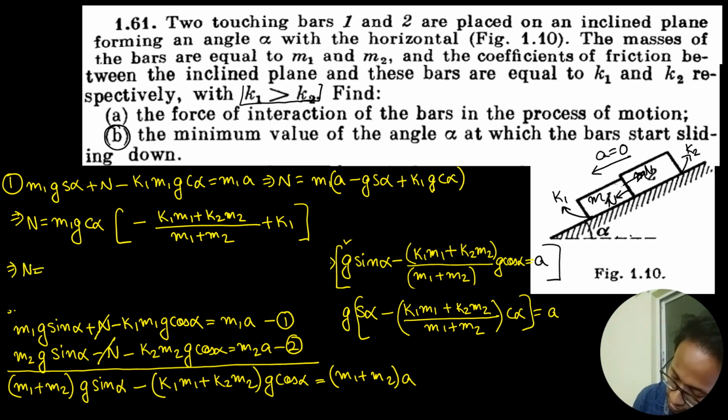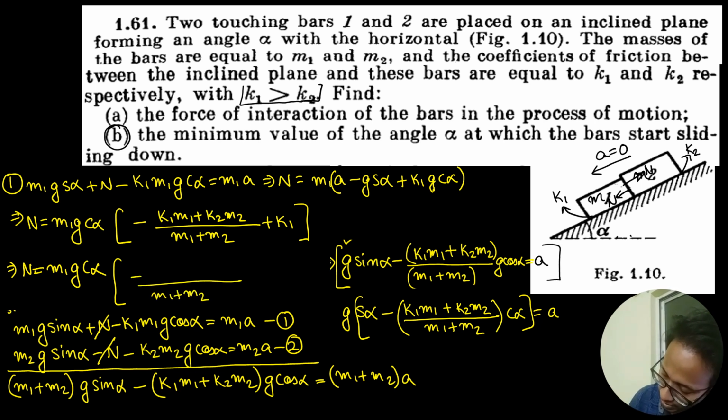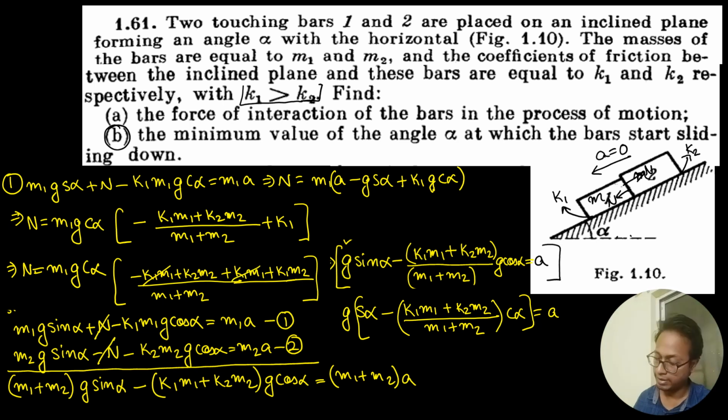N is equal to m1g cos alpha into, let me take the LCM: (m1 plus m2) minus (k1 m1 plus k2 m2) plus k1 m1 plus k1 m2. If I multiply k1 by the LCM denominator, I'll get these two terms. Now minus k1 m1 and plus k1 m1 cancelled.